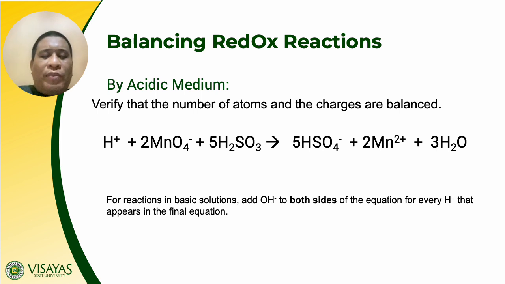So for reactions in basic medium, if we consider it to be a basic medium, just add to both sides equivalent OH minus for the equation for every H plus that appears in the final equation.